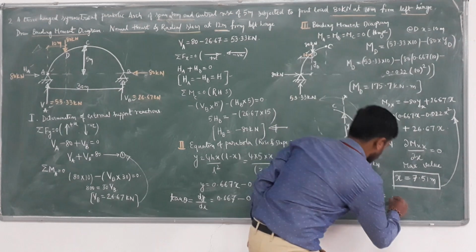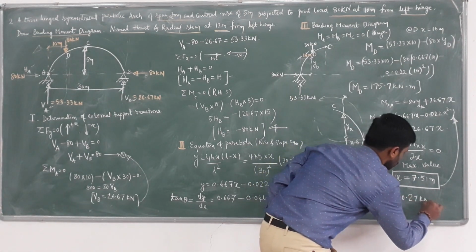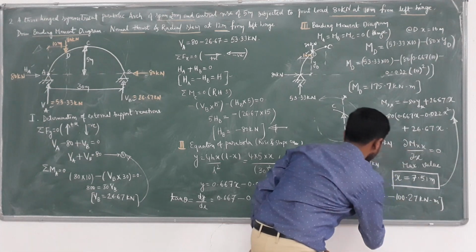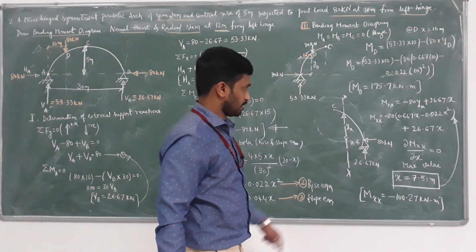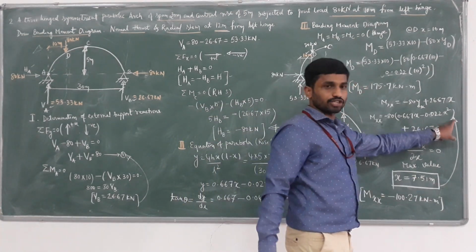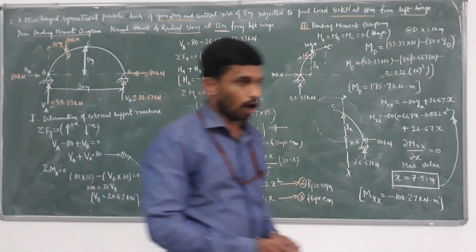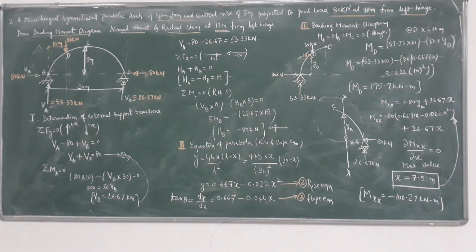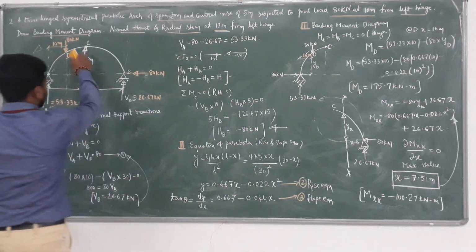Minus 100.27 kilonewton meter. Just substitute in this equation, you are getting Mxx. Now we got the value of moment at D, in between C and B.